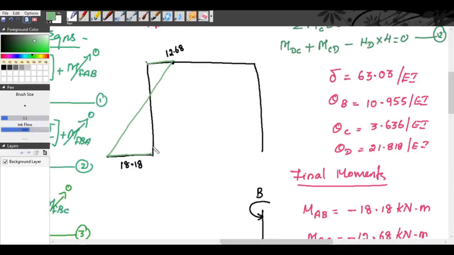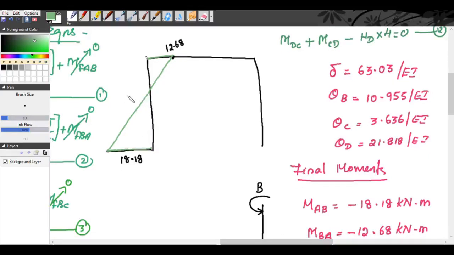So now, see, when you are taking a section on B, left anti-clockwise is negative, right? This is negative bending moment. The right anti-clockwise is positive. This is positive bending moment. That is sagging and hogging. That is the meaning of that, right? Sagging and hogging.